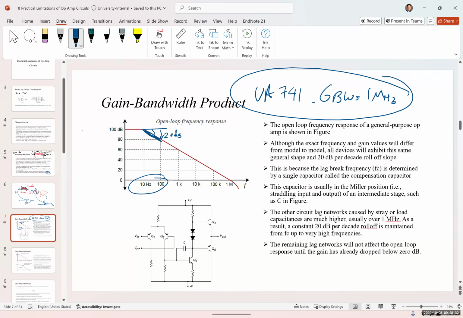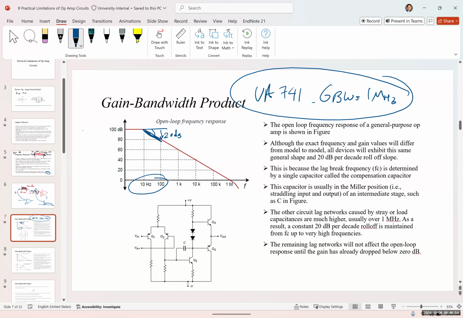We can change the gain bandwidth product by including a feedback, but adding a feedback has a trade-off. Adding a feedback decreases the overall gain, but on the other hand, it increases the gain bandwidth and the frequency response.